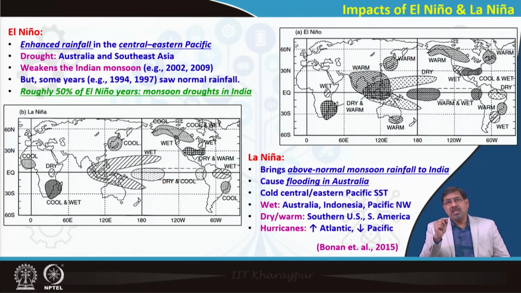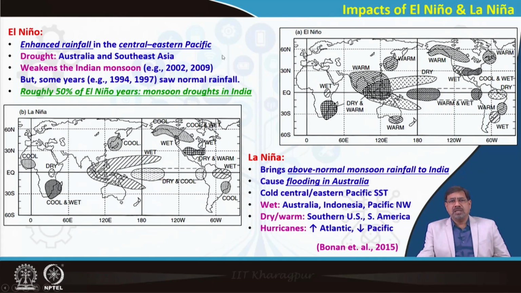So, the regions which have been hatched or encircled depict the impacts realized over different parts of the globe in terms of El Nino and La Nina, that is, receiving higher or lower rainfall, above or below normal rainfall, and drought or flooding conditions.